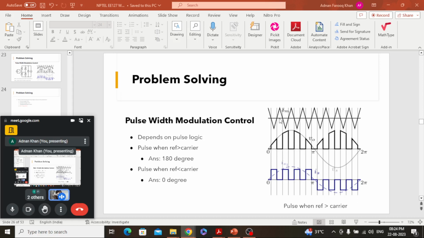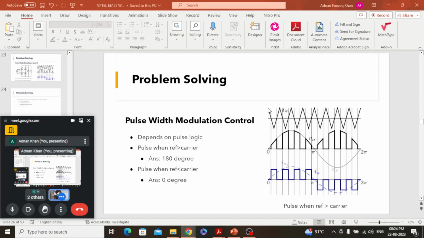Now coming to the first case, the amplitude of the modulating wave will be equal to the peak of the triangular wave, and our logic is such that the switch is on when this modulating wave is greater than this triangular wave.